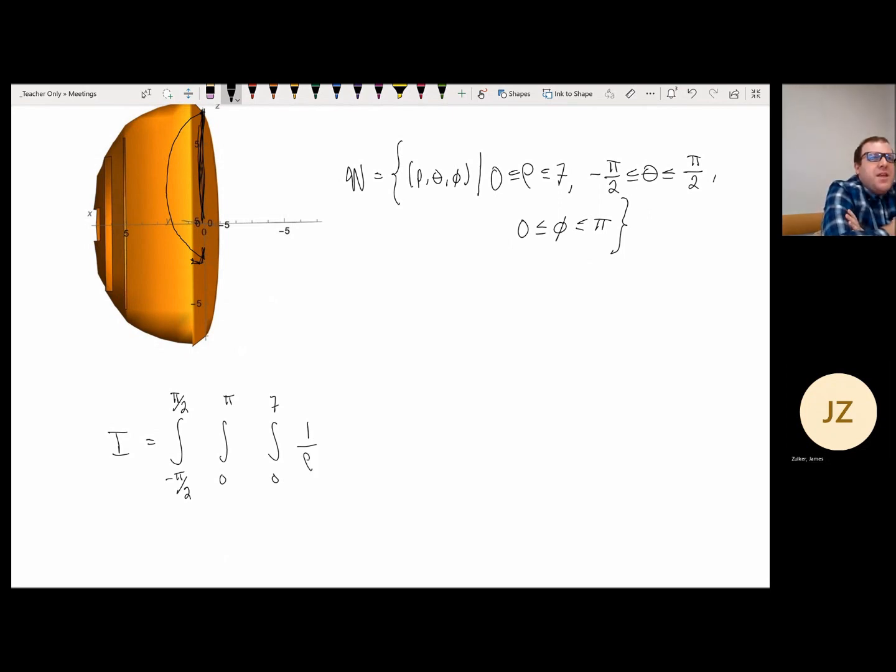Now, the volume differential when converted to spherical is rho squared sine of phi, d rho, d phi, d theta. Do not forget that. All right, remember, polar gave you an additional r. Converting to spherical gives you an additional rho squared sine phi.